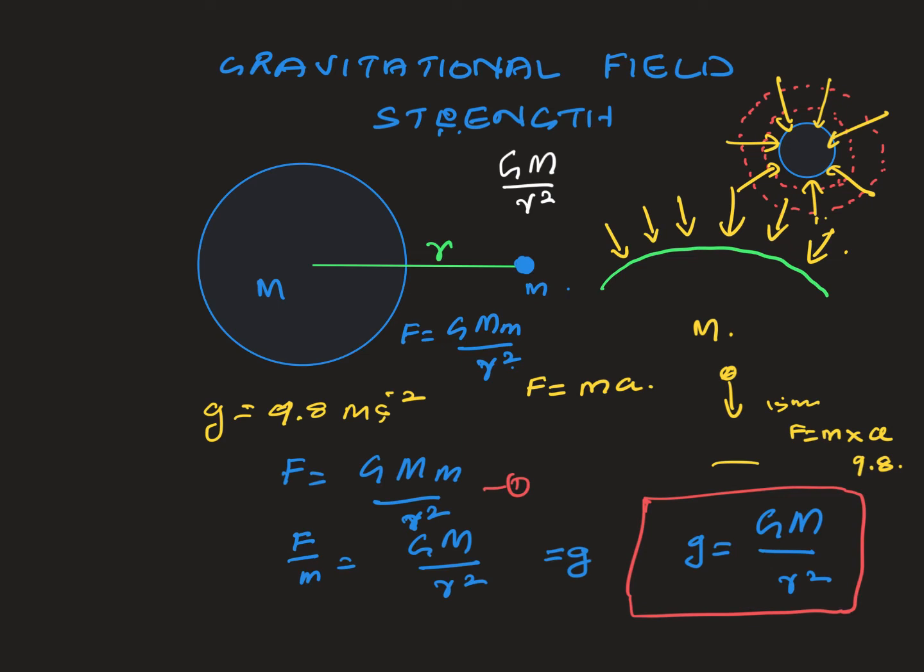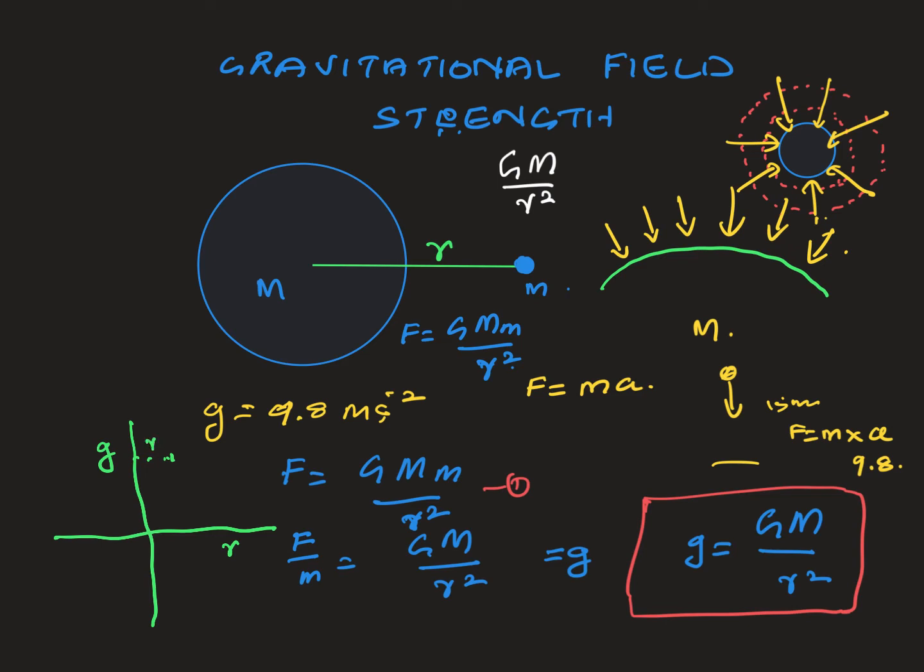If we draw a graph for the gravitational field strength, we use the x-axis for the radius and the y-axis for the gravitational field strength. Say this is the radius of Earth.